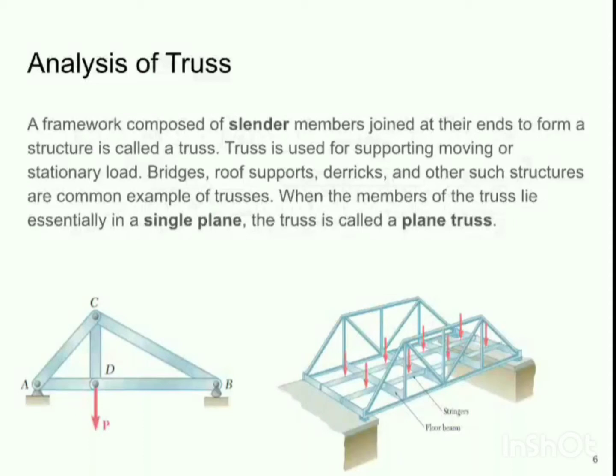Now when the members of the truss lie in a single plane, that type of truss is called a plane truss. Our syllabus consists of only plane trusses, so we will analyze plane trusses only.